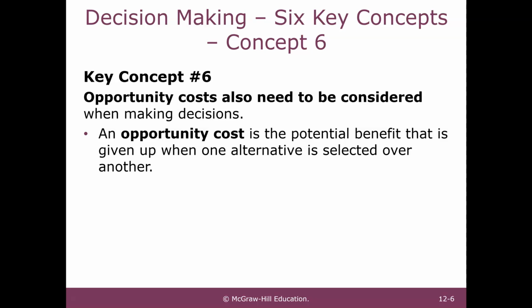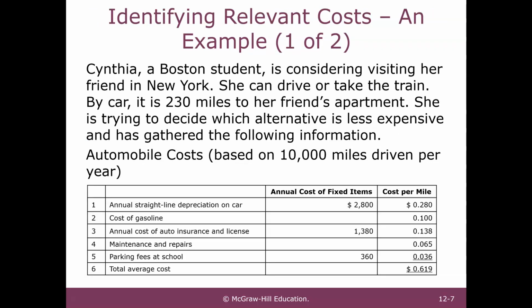It's the potential benefit that is given up when one alternative is selected over the other. An example would be going to school. The benefit is you're getting an education to further your career, but by going to school, you have the opportunity cost of not working or of spending more time with your family or your friends. Those are examples of opportunity costs.